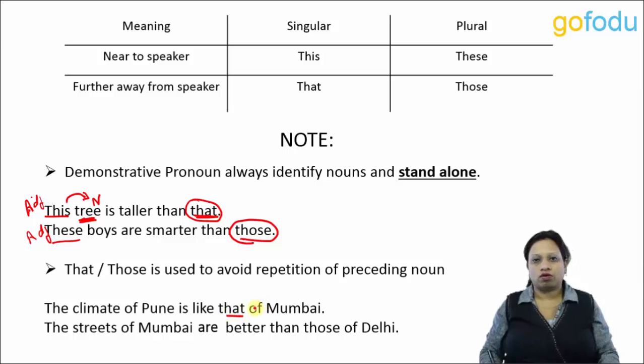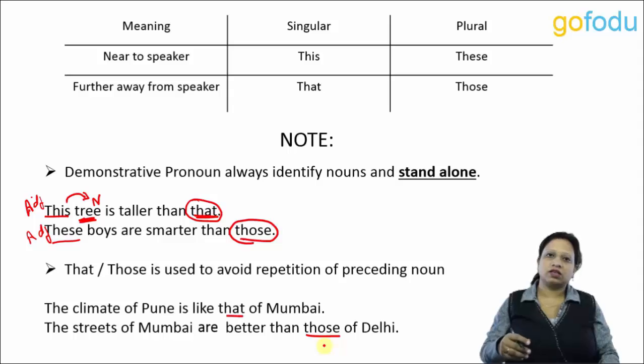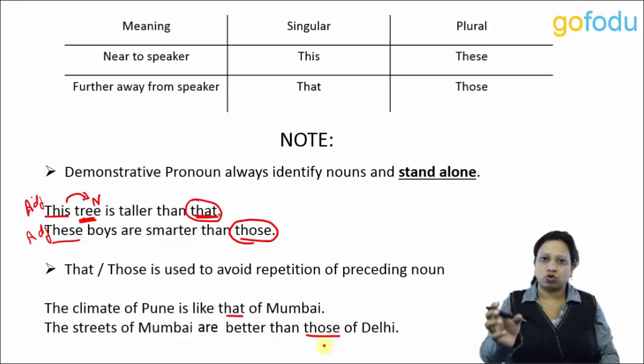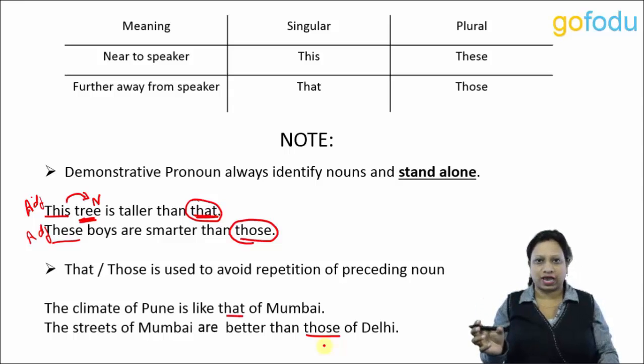And in plural of that, we can use those. For example, the streets of Mumbai are better than those of Delhi. So instead of saying the streets of Mumbai are better than the streets of Delhi, to avoid saying the streets again and again, we use those. In singular case, we use that. In plural case, we use those.